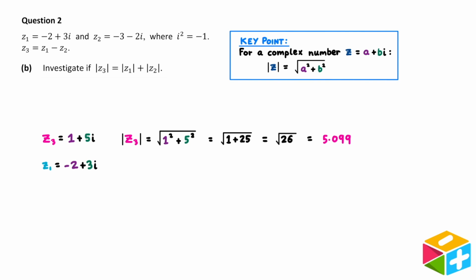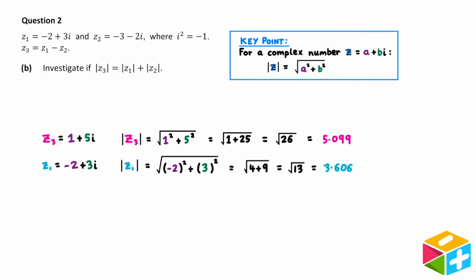Let's do the same thing for z1 and z2. z1 is equal to minus 2 plus 3i. The modulus will be minus 2 squared plus 3 squared, all under a square root. Minus 2 squared is 4, and 3 squared is 9, so we end up with the square root of 13.